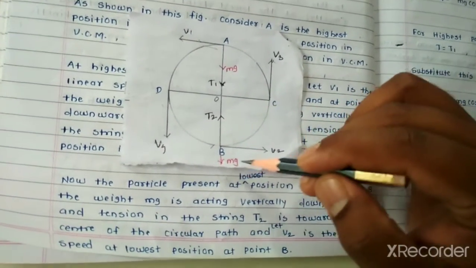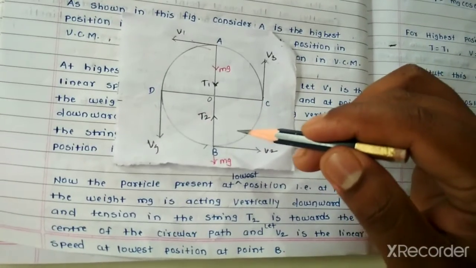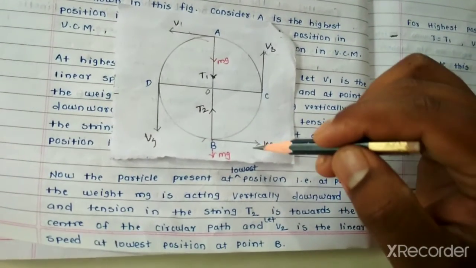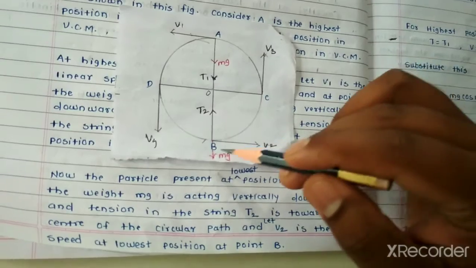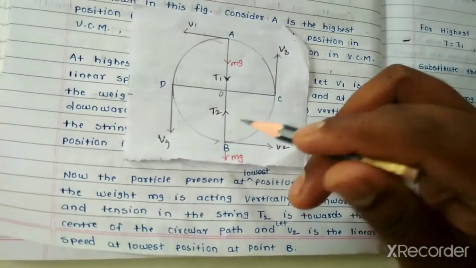Let v2 be the linear speed at the lower position at point B.